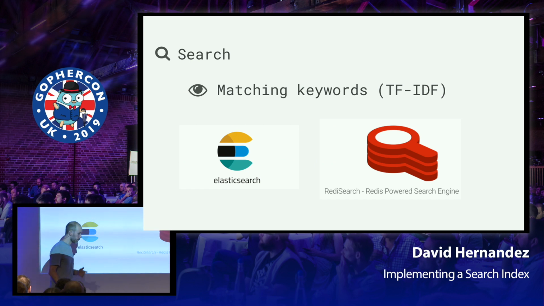So you probably don't have to implement search by yourself from scratch. You rely on some kind of software to perform search. My two favorites are Elasticsearch, obviously very widely used, and this one, which is not widely used, but I like it a lot: Redis Search. It's a module on top of Redis that you can use to implement full text search.